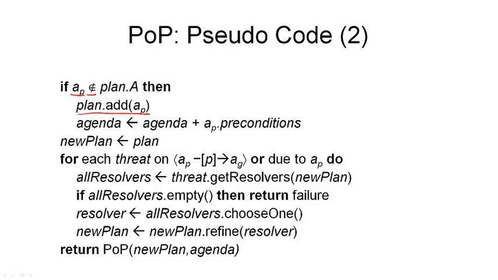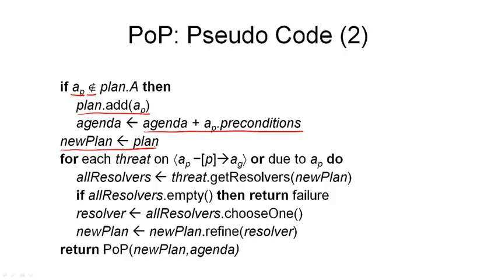And we also have to add to the agenda all its preconditions as unachieved subgoals. If our chosen provider was already part of the plan, then we don't need to modify the set of actions of our partial plan. In the next step, we simply generate a copy of our plan that we can modify in the loop that follows.